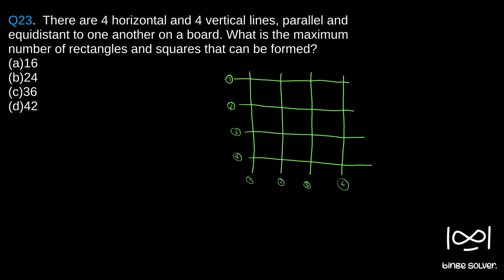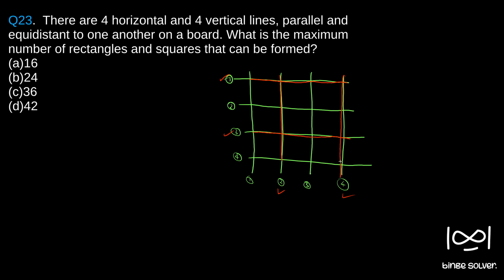Let's say we pick 1 and 3 randomly as our horizontal lines, and 2 and 4 as our vertical lines. So we'll just mark this in red. 1, 3 we chose, and 2, 4 we chose.